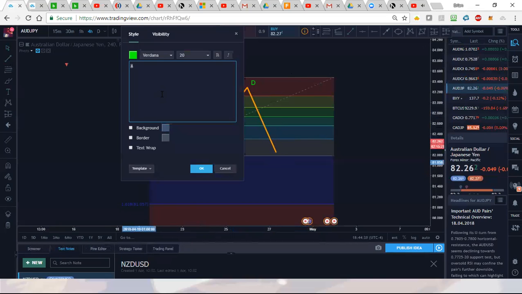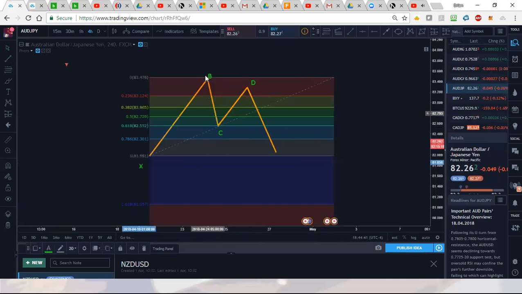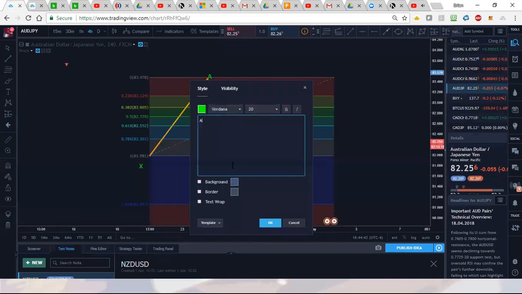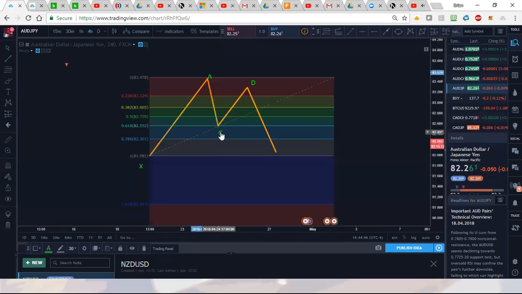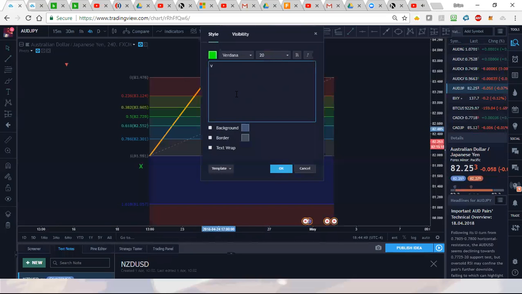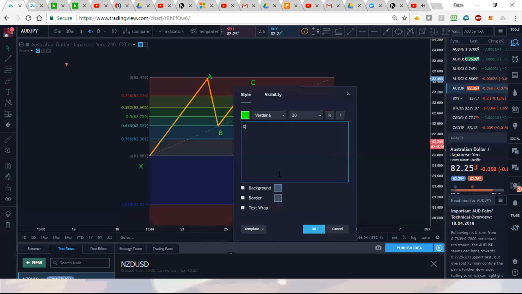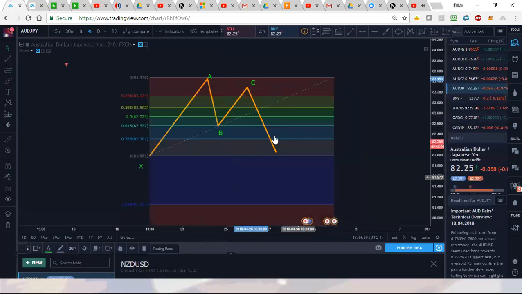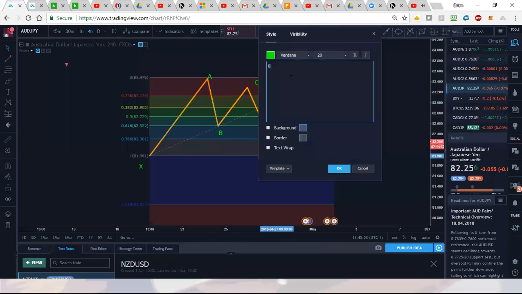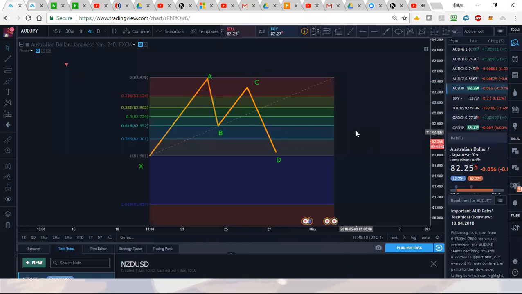This no longer is an A, this is now your X. This is now your A. This is your B. This is your C. And so this will be the whole arrangement of how you want to letter out this pattern.